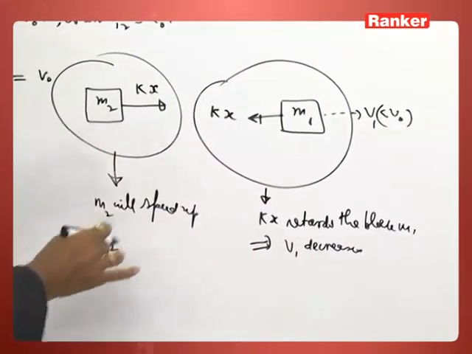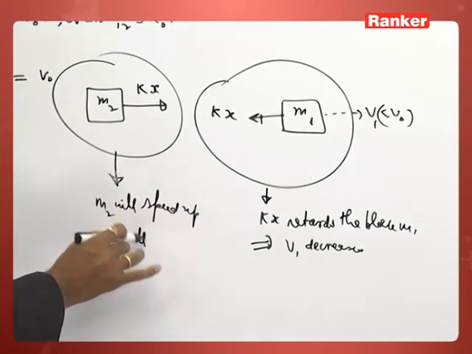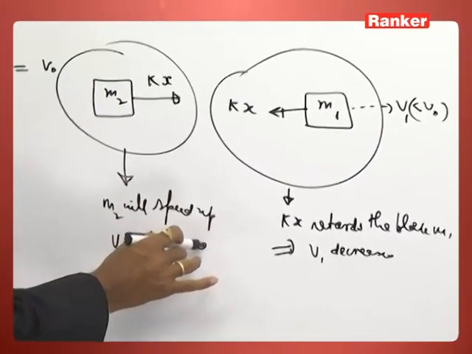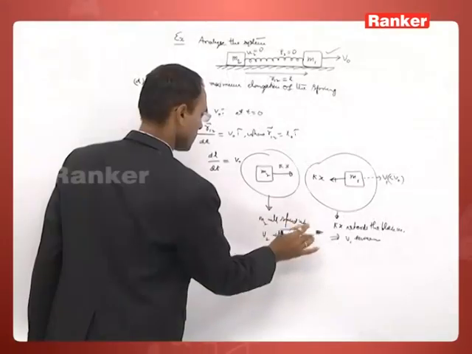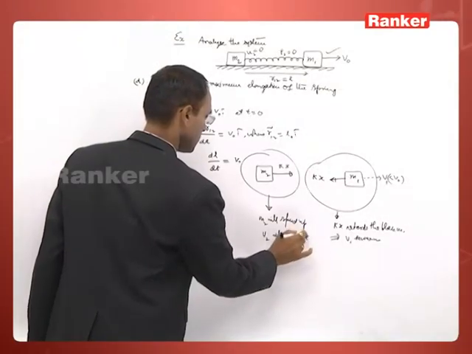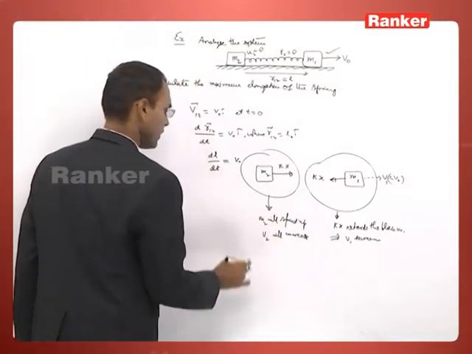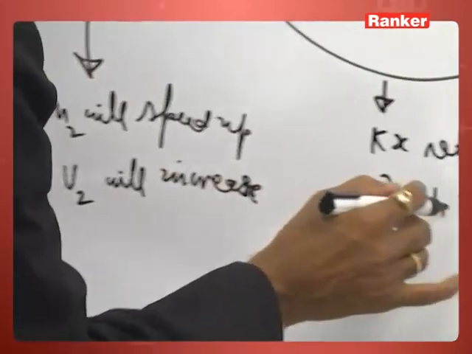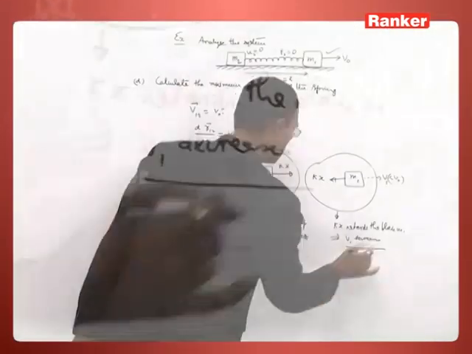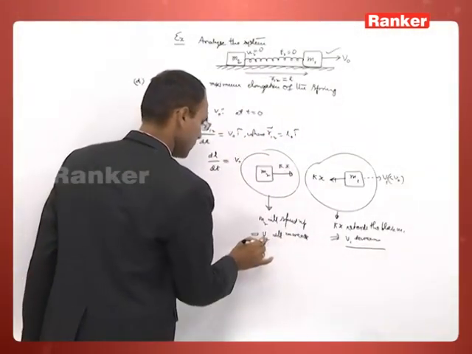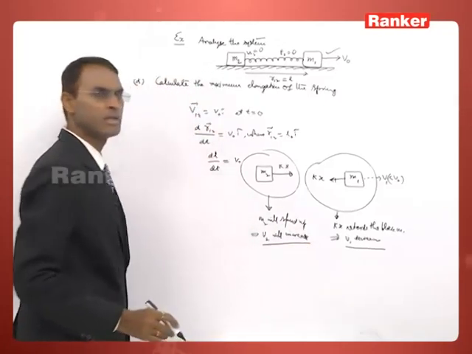Velocity of the block 2, that is V2, will increase, and the velocity of the block 1 will decrease. V1 will decrease, V2 will increase.